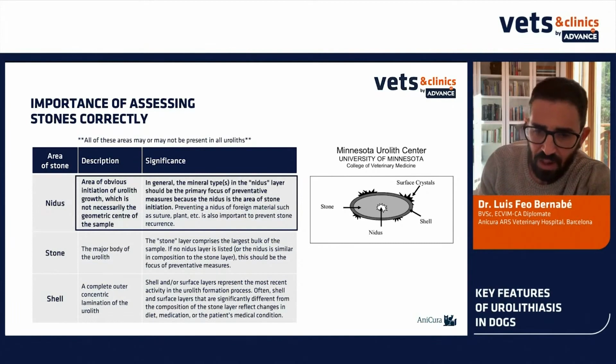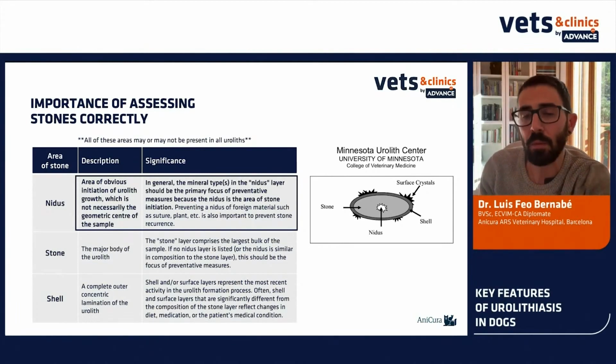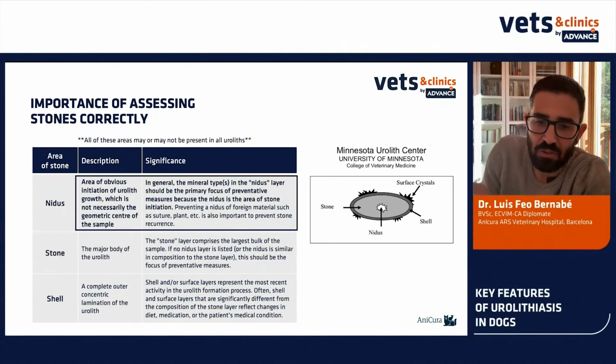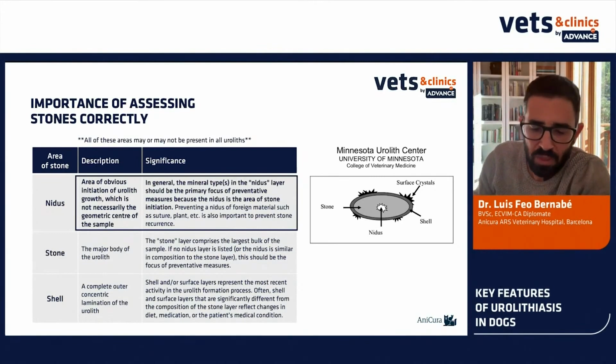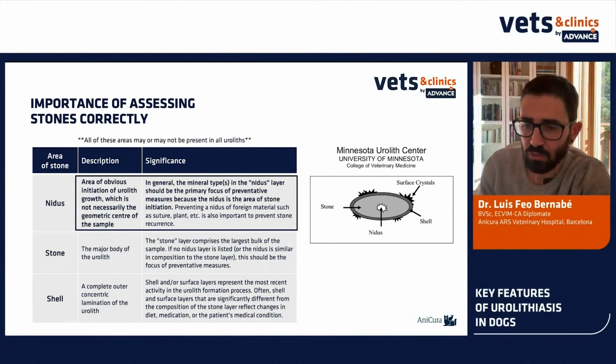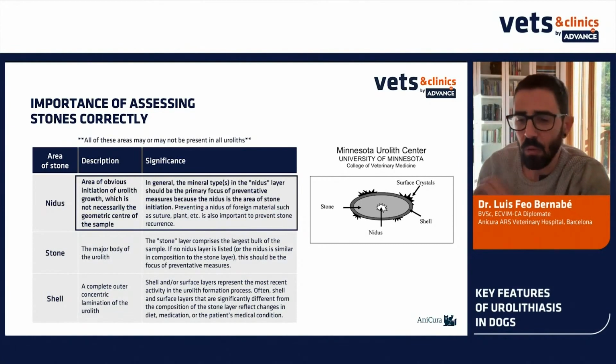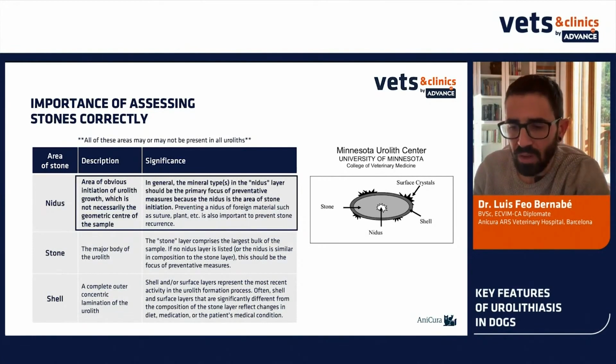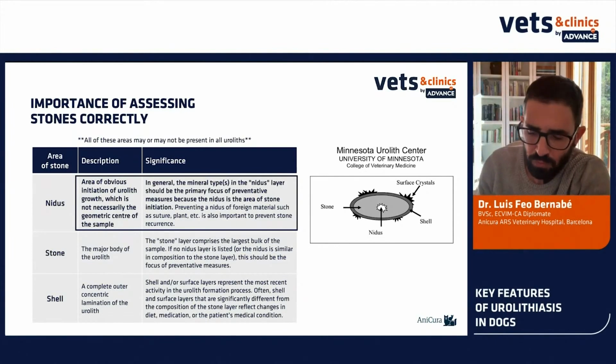But in general, the mineral type in the nucleus layer should be the primary focus of prevention measures because the nucleus is the area where everything has begun. So if we have a nucleus of struvite and a stone of calcium oxalate, we need to focus on the nucleus, thinking about the medication and the diets, and that's very, very important to know after you have removed this stone.